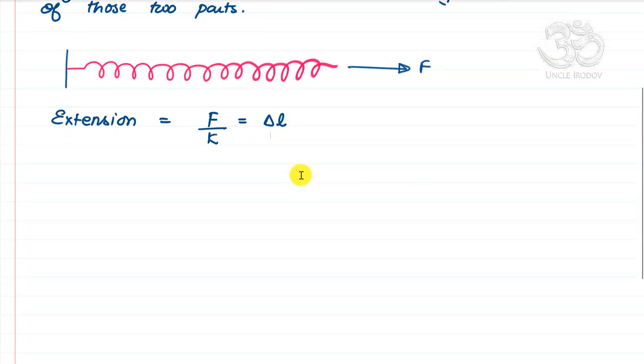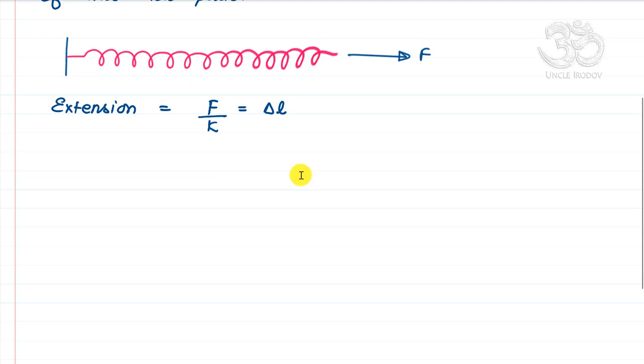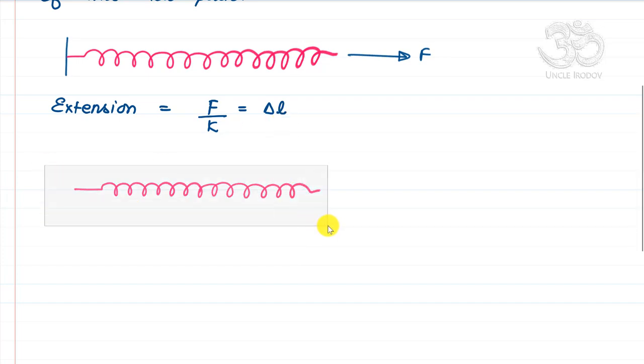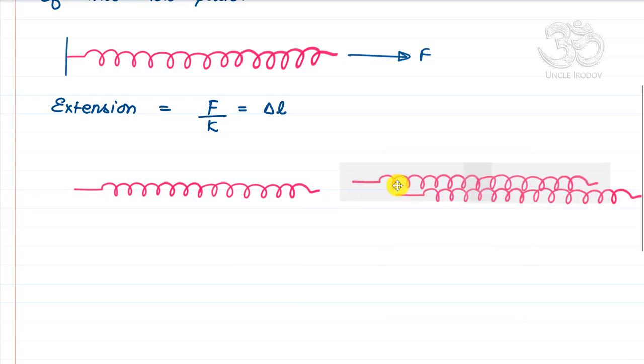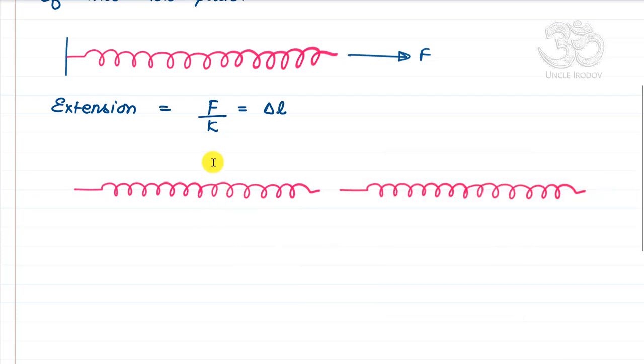If I break it up into some other ratio, I have got the spring here, and the one on the left I break into two equal parts, then the extensions will be delta L by 2 and delta L by 2.